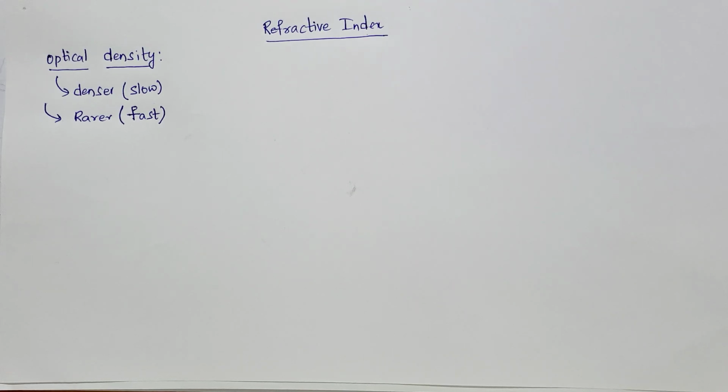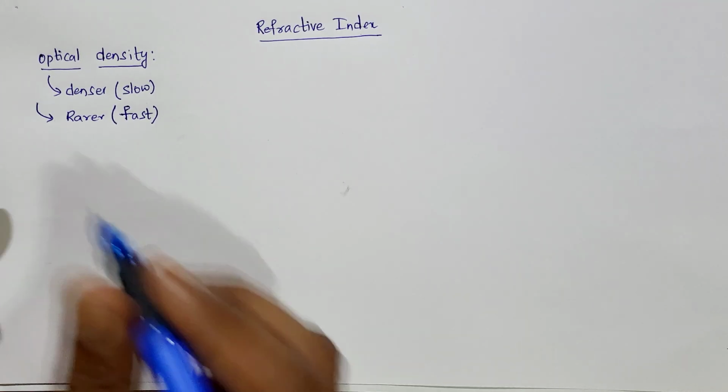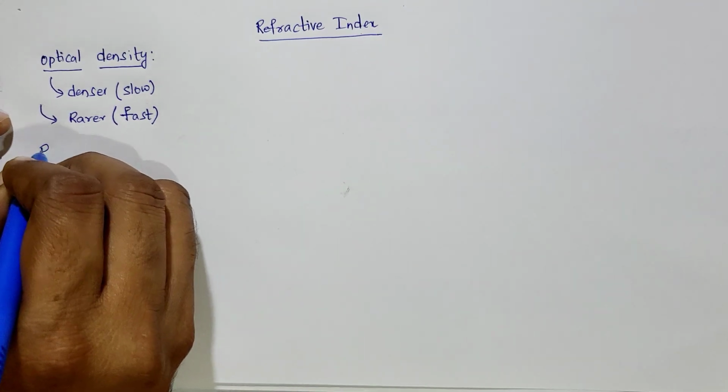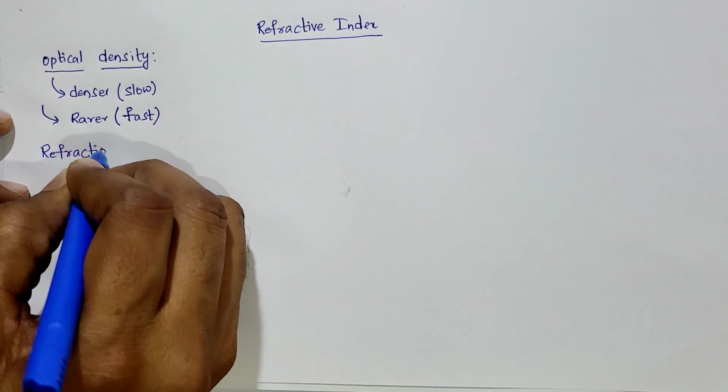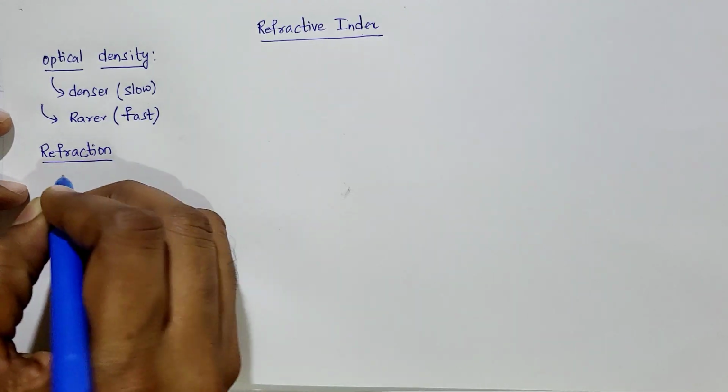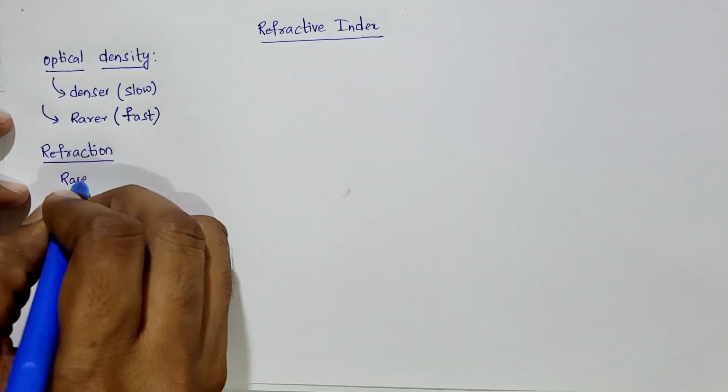There are so many examples for denser medium and there are so many examples for rarer medium also. But when light travels from an optically rarer medium to a denser medium, then refraction will happen. Correct? So all these things start here.